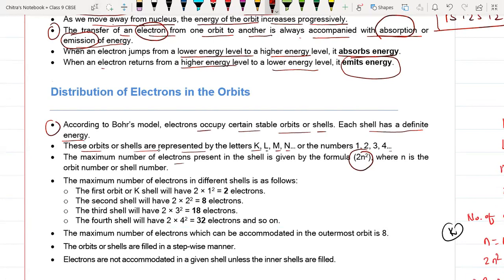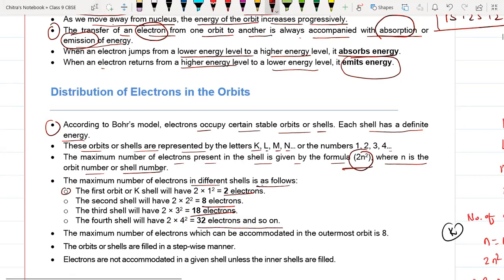The maximum number of electrons present in a shell is given by the formula 2n square, where n is the shell number. So for the first, maximum 2 electrons, for the second 8, for the third 18, and for the fourth 32 electrons, and so on.